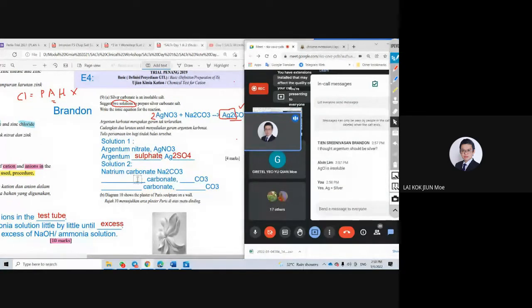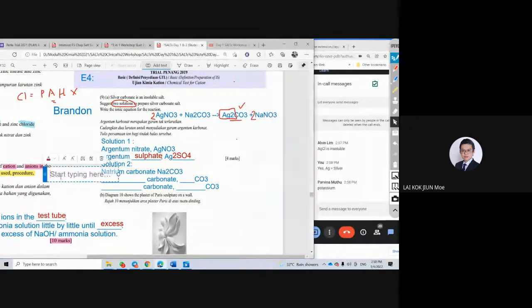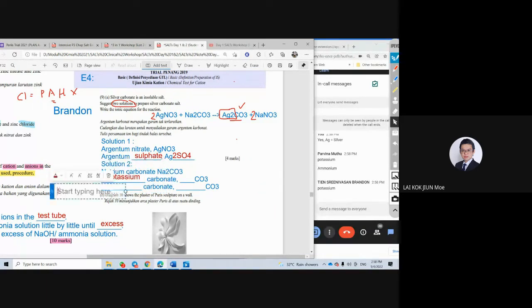So sodium carbonate, or you don't want sodium, you can use what? You can use what to replace sodium? You can use potassium, very good. As long as the salt is soluble. Very good, Brendan. Pravina, very good. Or you can use ammonium, also can. No problem. You want the right formula, also can.